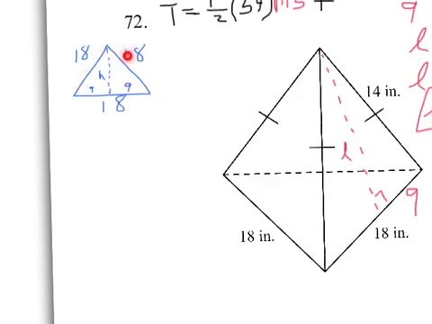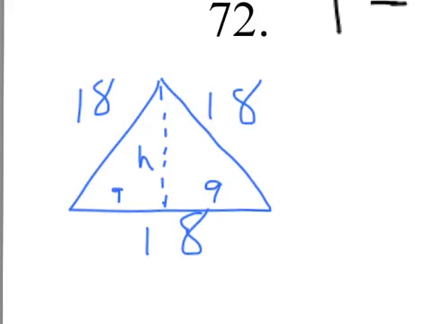Well, since this is an equilateral triangle, we know that all these angles are 60. I could even write that in here, 60, 60, and then to cut these two in half, that'd be 30 and 30, and then this would be 90. Well, that makes this a 30, 60, 90 triangle. So if this is 9, and the hypotenuse is 18, that means the height here is 9 rad 3.